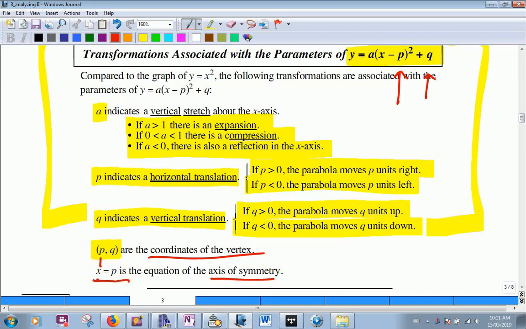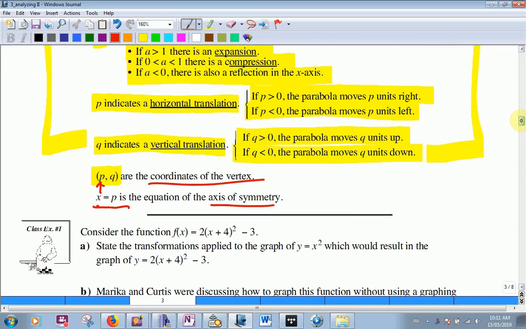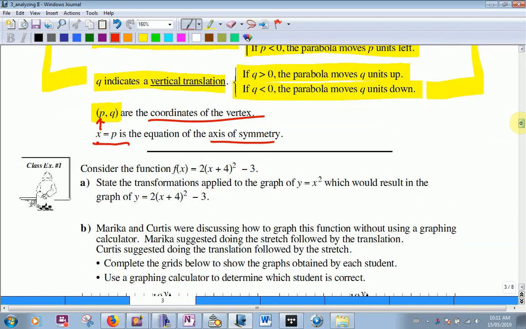But P, that first coordinate of the vertex, that is the equation for the axis of symmetry. So P tells you where the axis of symmetry is, and Q helps you determine the range, which isn't in this table. Okay? Loads of information. Couple of questions.